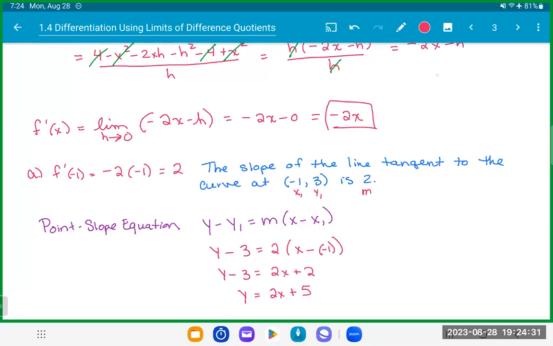So this is the equation of the tangent line. We were able to find the slope, and then based on the slope, we used the point that we were given along with the point slope equation to determine the equation of that tangent line.